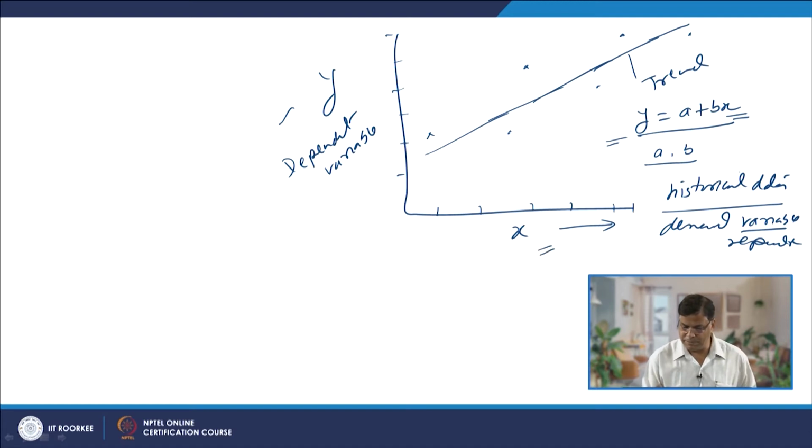So, the relationship between x and y is established through this kind of equation using the historical data of x and y.